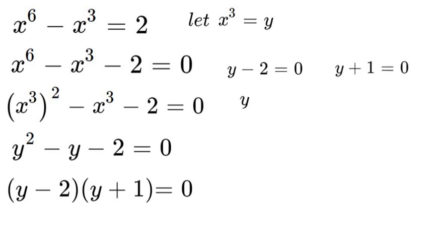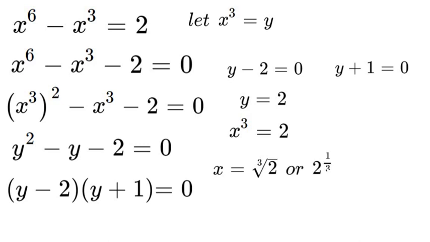So we'll add 2 in the left equation. We'll have y equals 2, and exchanging back, x cubed is equal to 2, which means that if we cube root both sides, x would equal the cube root of 2, or you could say 2 to the power of 1 over 3. So let's do the other side.